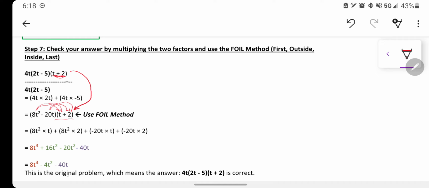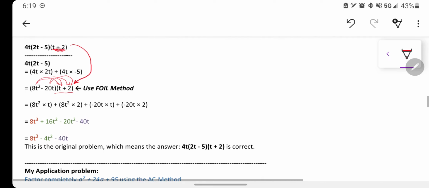And that is the original problem we started with, which means the answer 4t times 2t minus 5 times t plus 2 is correct. So this is the correct answer for this problem.